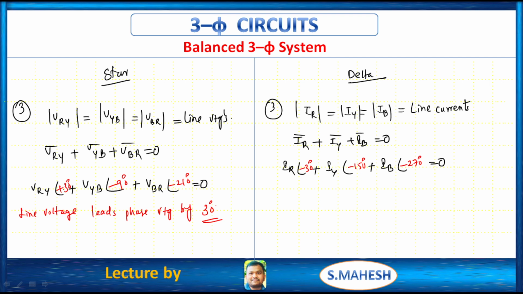See, between plus 30 and minus 90, it is 120; minus 90 and minus 210, obviously 120. In this case also, minus 30 and minus 150, 120; minus 150 and minus 270, 120. So, all are balanced. Here the condition is what? Line current lags phase current by 30 degrees.